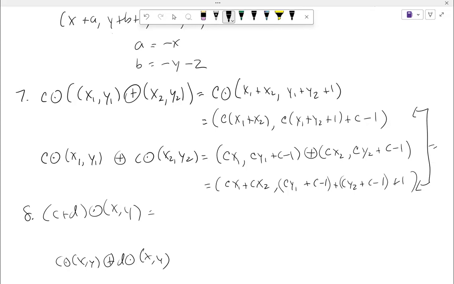On your exam, I'm most likely not going to make you go through all 10 axioms to show that something is a vector space, because that takes a lot of time, right? You need to know what the axioms are and how to verify them. And I'm probably going to say this is a vector space, verify this particular axiom, or this is a vector space, what is the zero vector?